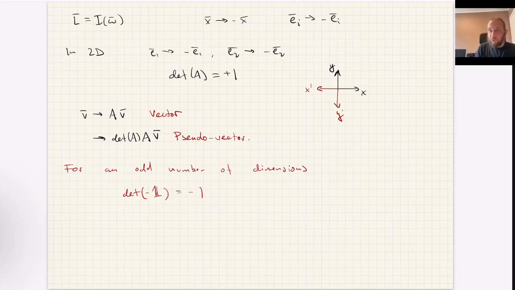And if you set A equal to minus identity, then the determinant of that times minus identity is equal to identity in an odd number of dimensions. So that's why if you have a pseudo vector in an odd number of dimensions, when you make this total inversion, it does not change sign. Whereas in an even number of dimensions, you cannot make this argument. So that about that.